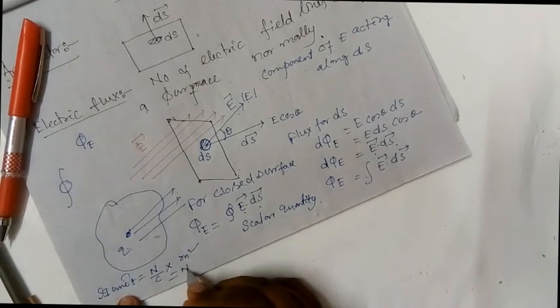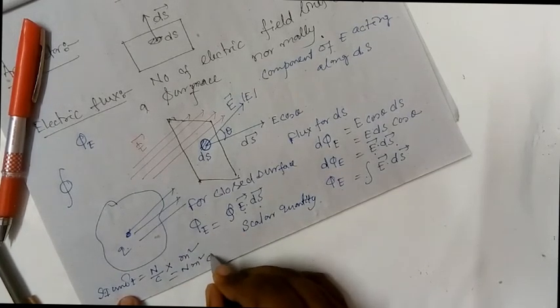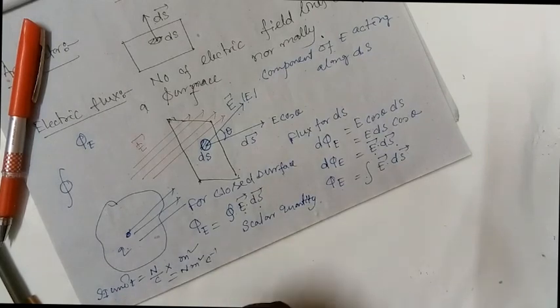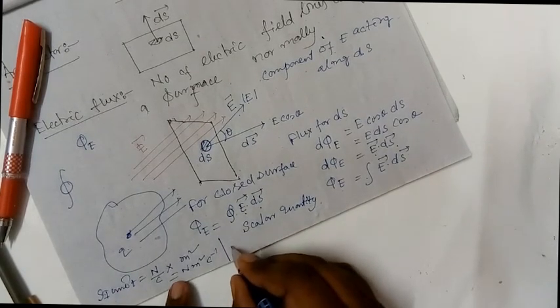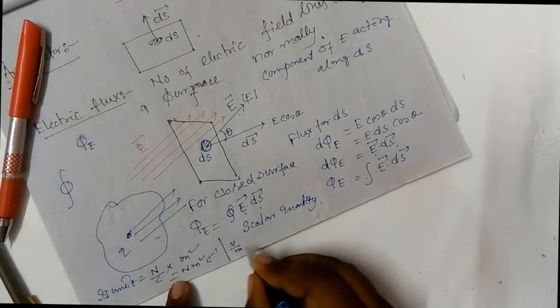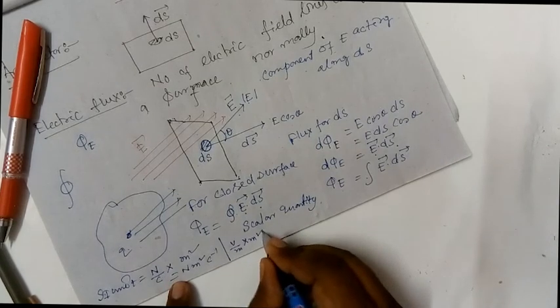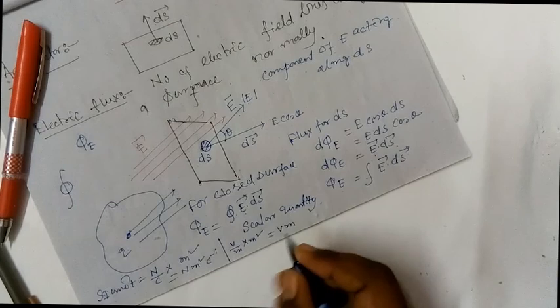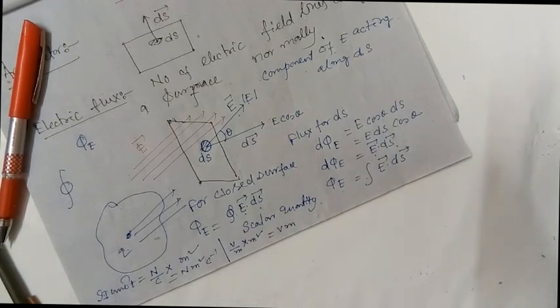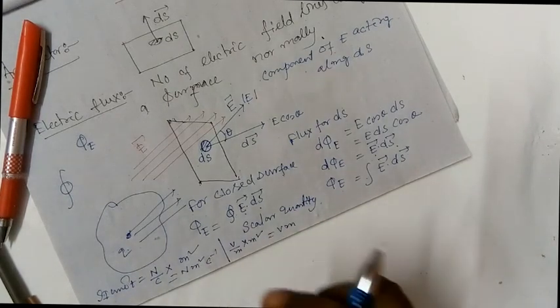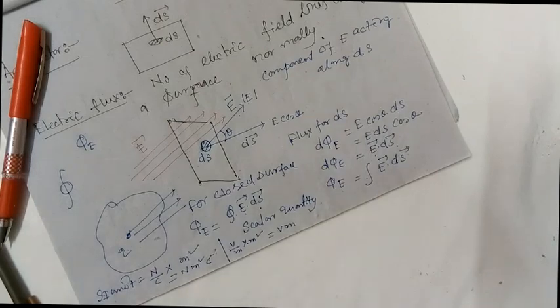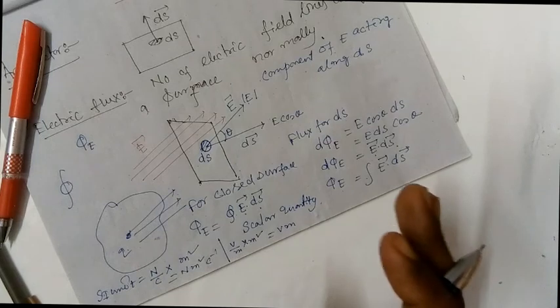So Newton meter square Coulomb inverse. One more unit is there, as it can be written as volt per meter into meter square, so it is volt meter. Both units represent the electric flux. It is a scalar quantity, it doesn't have any direction.